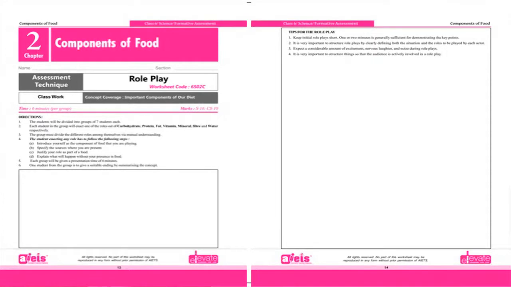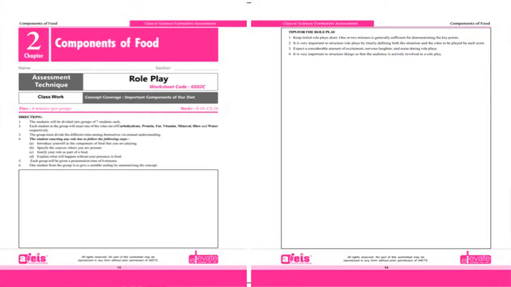This simple activity is a group activity in which you have to talk about carbohydrate, protein, fat, vitamin, mineral, fiber, and water. This activity of course is for class 6. The assessment technique we are using here is role play.